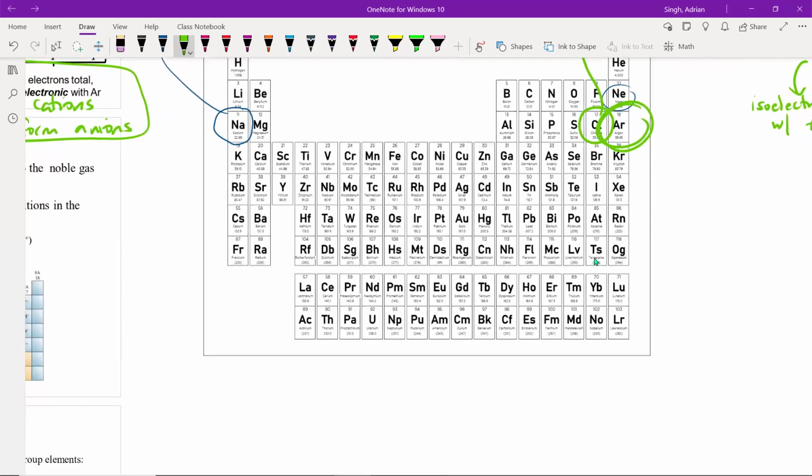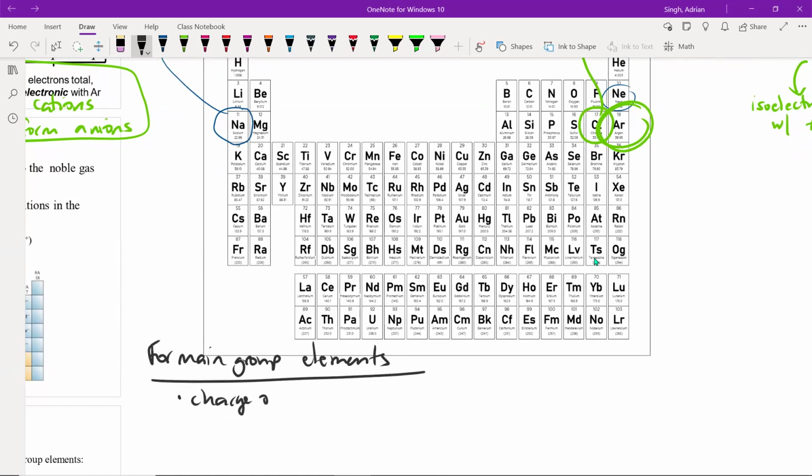So for the main group elements, or representative elements, the charge on the metal ion is positive, because they lose electrons, and it's equal to the group number that they're in.